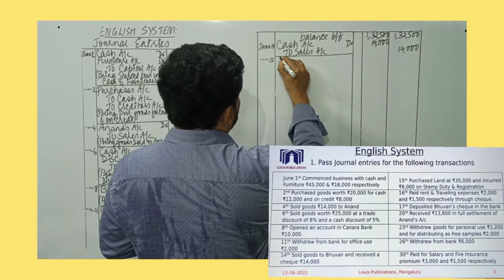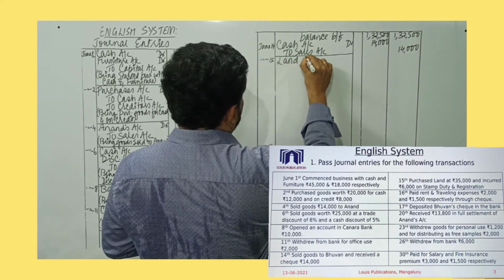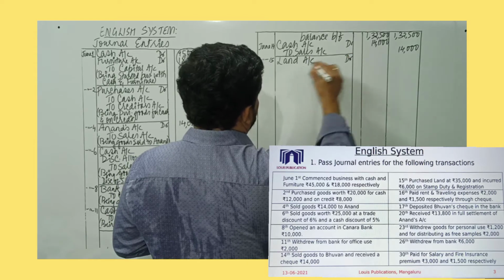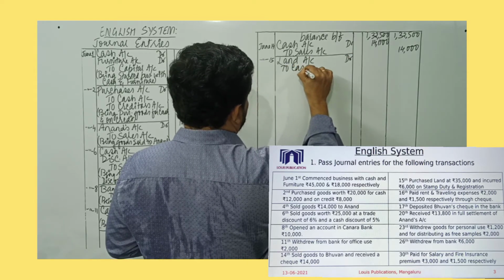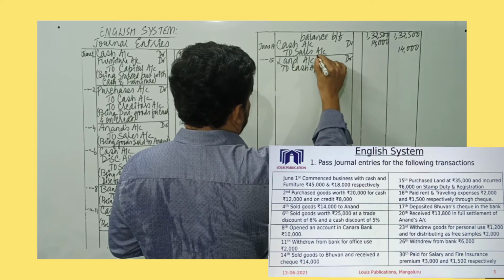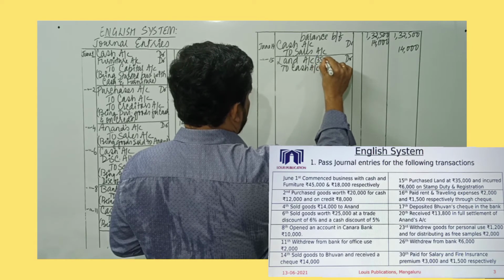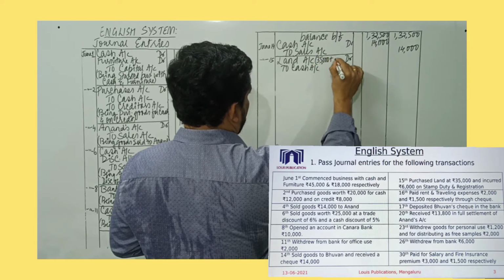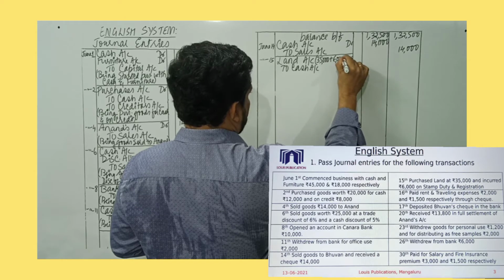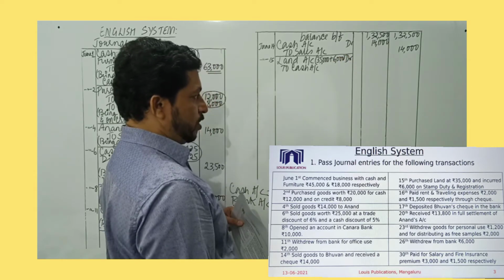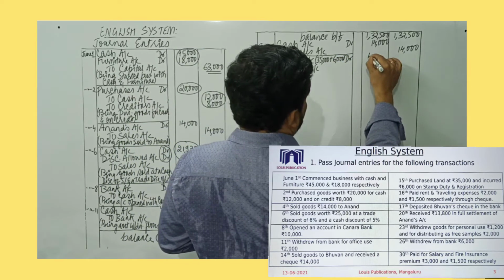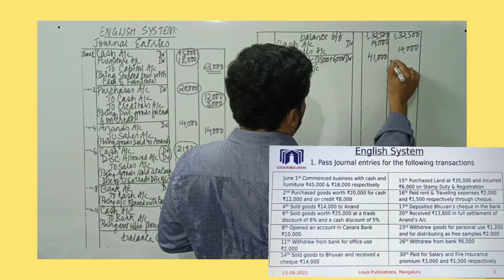So the entry for this particular transaction would be land account debited to cash account. As I said earlier, 35,000 is the cost of the land, 6,000 is the stamp duty and registration. So put together, the value of land would be 41,000.